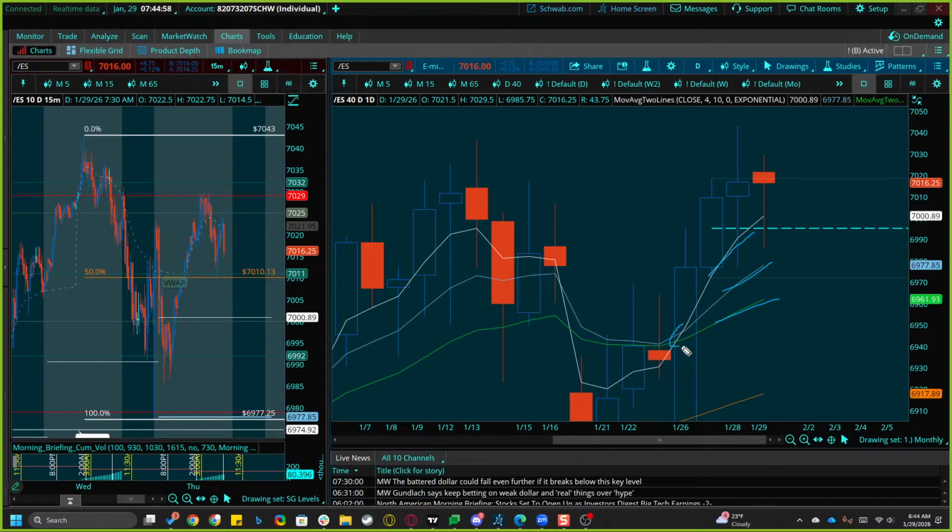You can see the 3-10 cross back here. That happens after price crosses through the 3 and the 10. And if it outruns the 10 far enough and fast enough, it'll drag that 3 through there as well and spread them out really nice, just like that. That's the whole shape of a bull surge pattern right there.